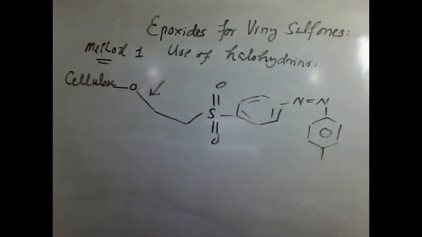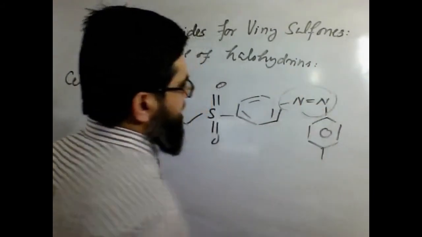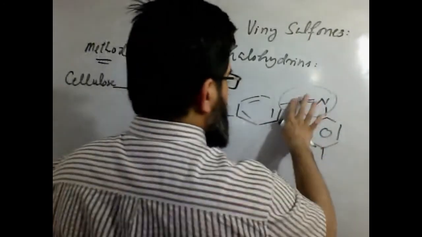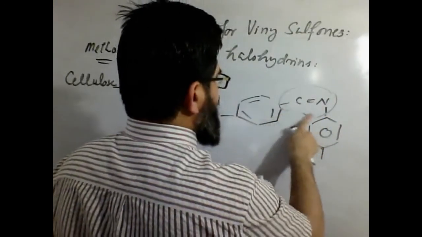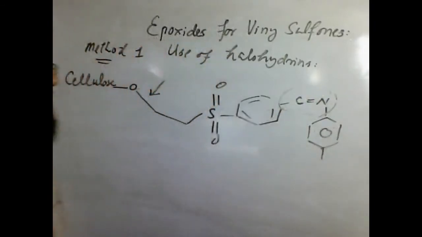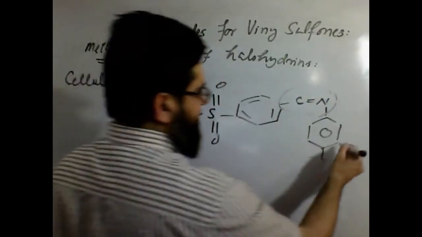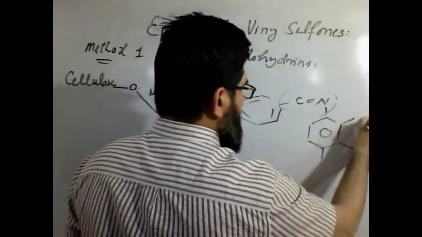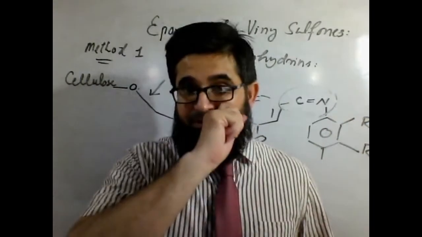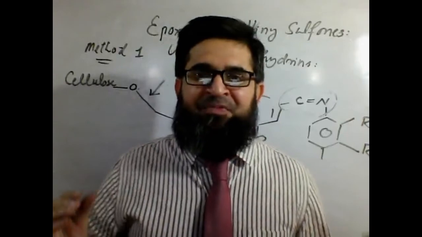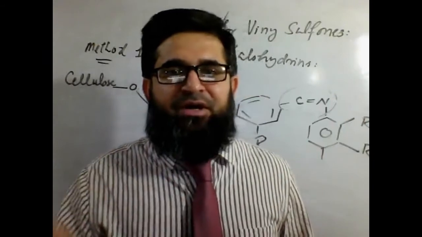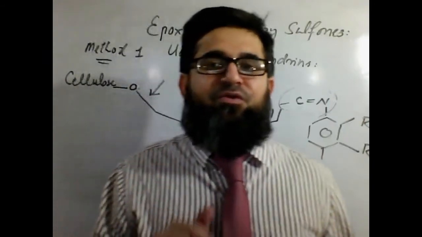So once the azo group is present, it will be an azo dye, vinyl sulfone based azo dyes, or sometimes they could be non-azos if you have a bond between carbon and nitrogen, and the rest are other aromatic rings or substituents around. So that will be non-azo vinyl sulfone based reactive dyes.